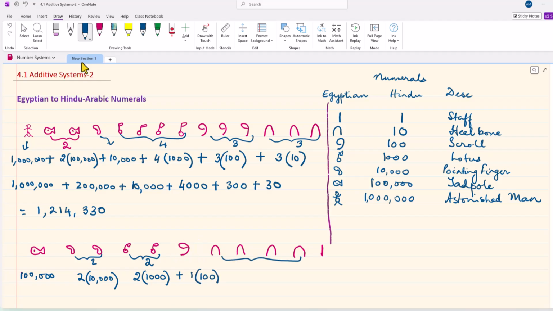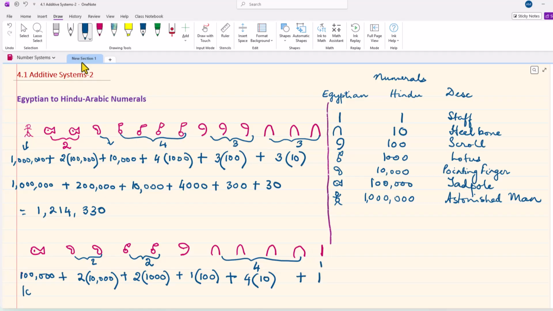Then there are four heel bones. This downturned U represents a heel bone and it has a value of 10. There are four of them, so it's 4 times 10. And then there is a staff which has a value of 1, and then we add them all up.